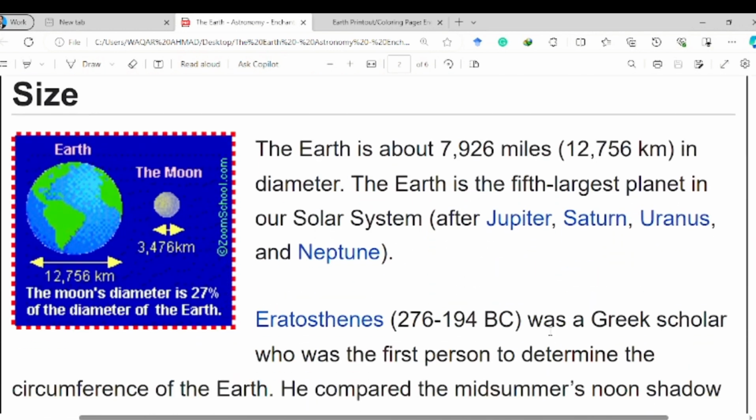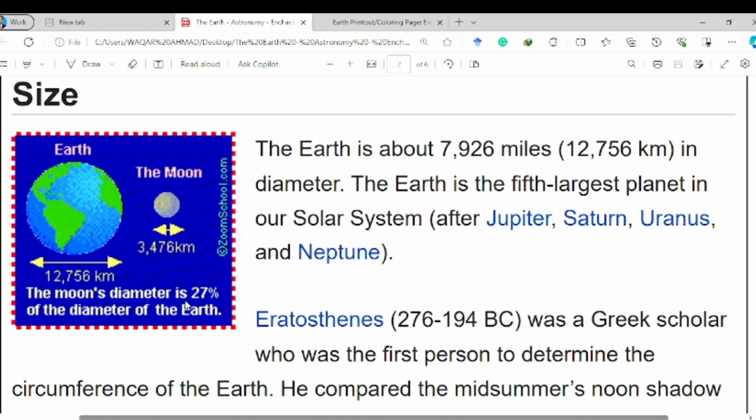Okay, what is the size of this planet? The most important thing is to discover how much bigger or smaller the Earth is. The Earth is about 7,926 miles in diameter, 12,756 kilometers.